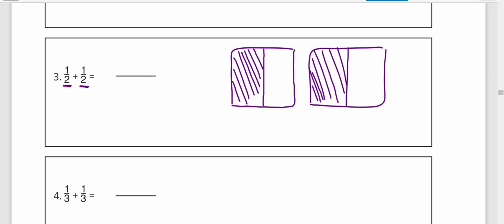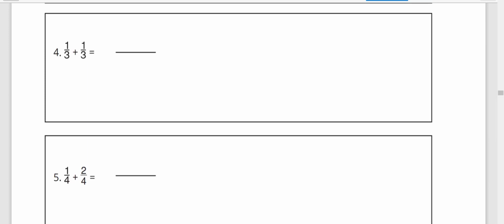The same number in the denominator, so write 2 in the denominator and add the two numbers in the numerator. 1 plus 1 equals 2. Count all the shaded parts of the two models. 1, 2.